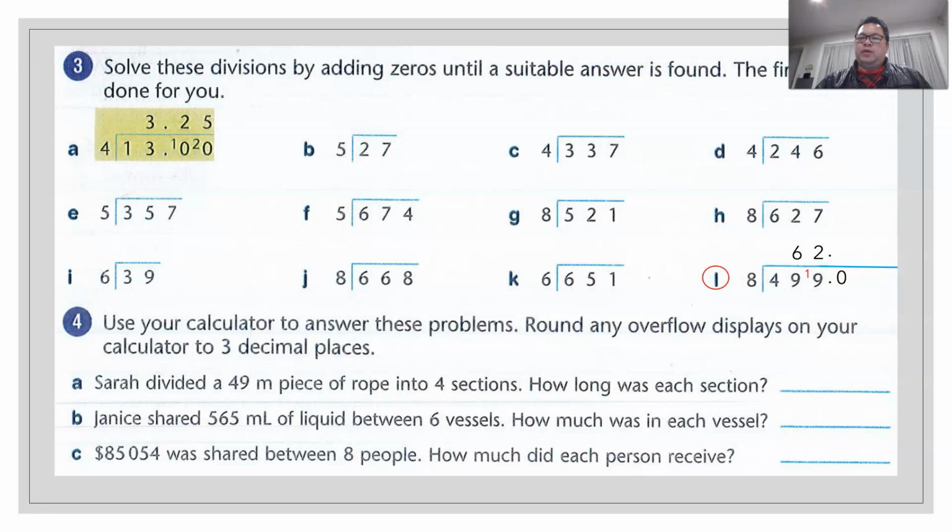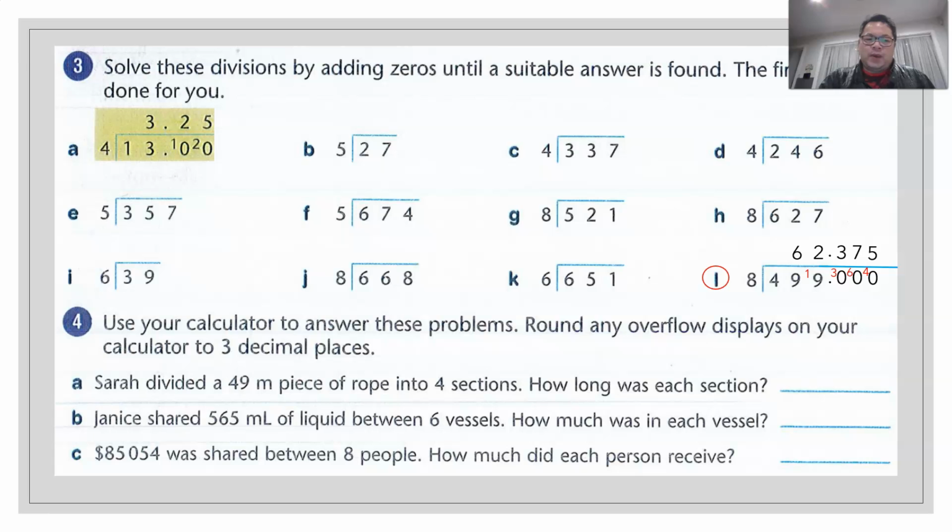So you have a remainder of 3. 30 divided by 8 is 3. So the remainder is 2. Sorry, 6. 8 times 3 is 24, isn't it? So 30 minus 24 is 6. 60 divided by 8 is 7. Remainder is 4. 40 divided by 8 is 5. So 62.375 is the answer.